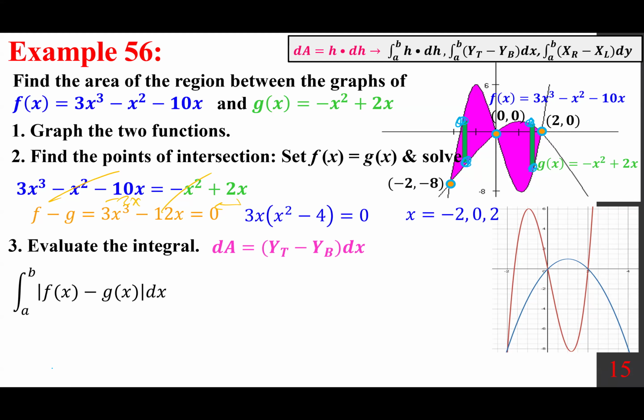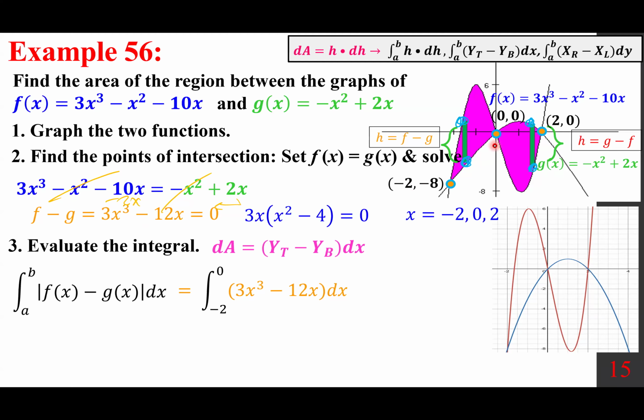So for the first piece it is f of x minus g of x. We are going to put that in an absolute value sign when that happens, which means this one is f minus g. So we are going to evaluate 3x cubed minus 12x. Remember, this is f minus g. And because this is the x, we are going to look at the x coordinates from -2 to 0.